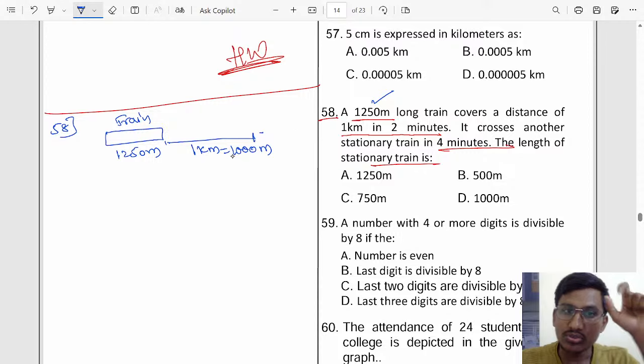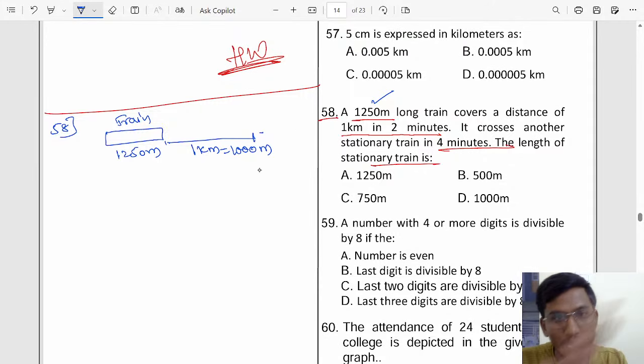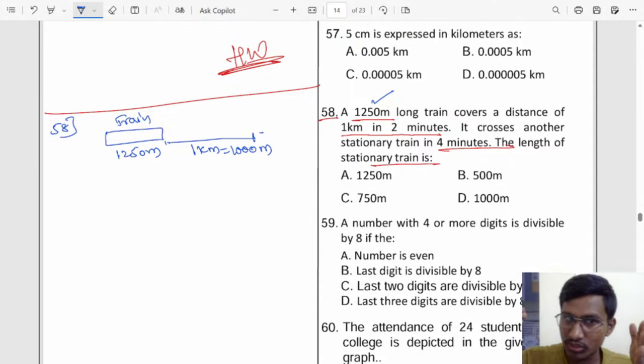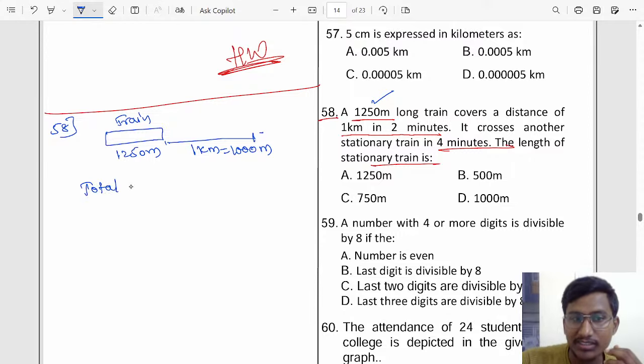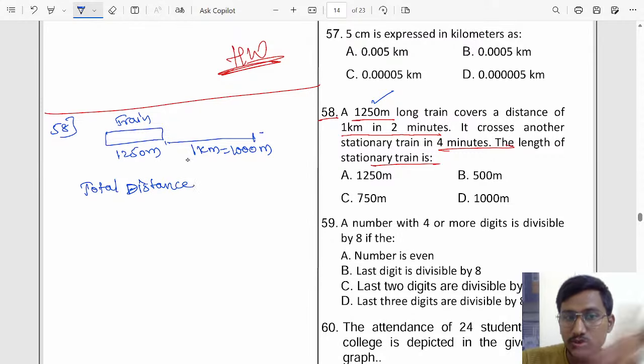It has to pass its own length, the length of the train, and then the 1 kilometer. So what will the total distance be? We have to add both.